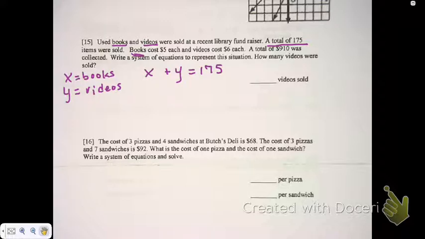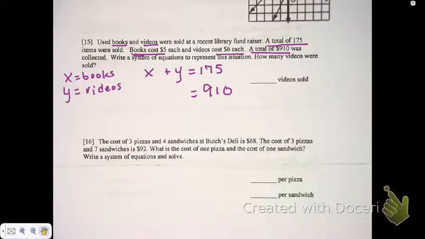Now, we know one more piece of information. What else do we know from this problem? Alright, the total amount collected, and that was $910. So we know something's going to equal that 910. Do we know how much something cost? Books cost 5 and videos cost 6. Okay, so books were 5 and videos were 6.